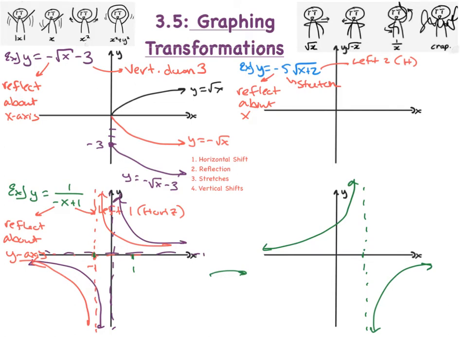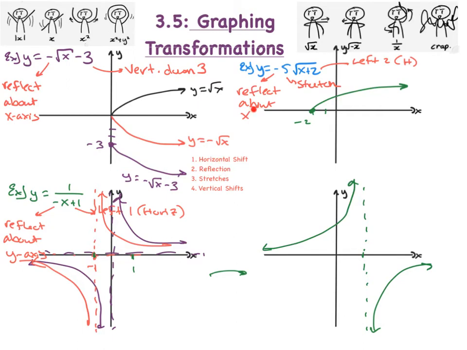So let's get started. I'm not going to graph the square root of x because it's just right here. We're just going to move that graph to the left 2 units. So that will look, I think I'll do that in green. Moving it to the left 2 units would look like this. Okay, then I want to take this, let's see, what comes next again?